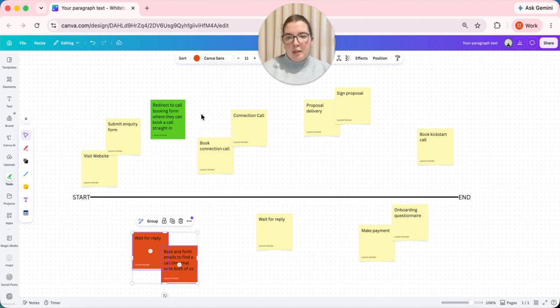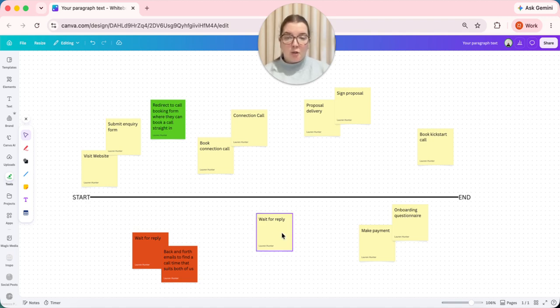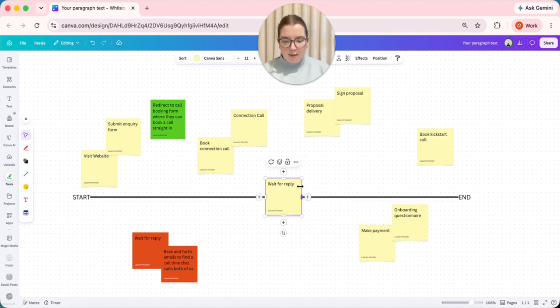Then if we move along here, book a connection call, have the connection call, wait for a reply, proposal delivery. There's probably not much you can do here unless you have an automated proposal, but if you personalize it, what we could make it a little bit more positive is by, if it's going to be a period of time before you send it over, we can do some expectation setting, either with an email to make them really aware of what the process is going to look like, and make that a little bit more neutral.